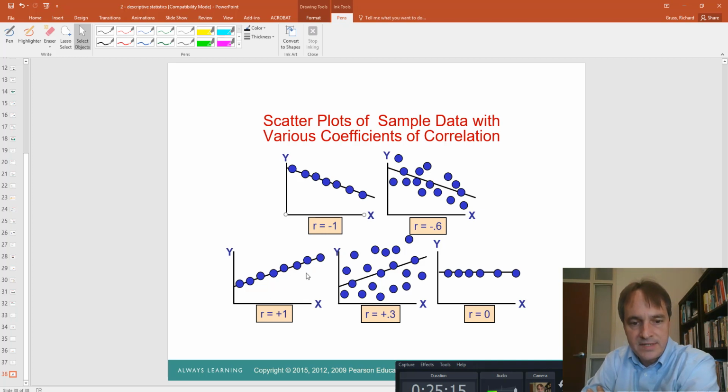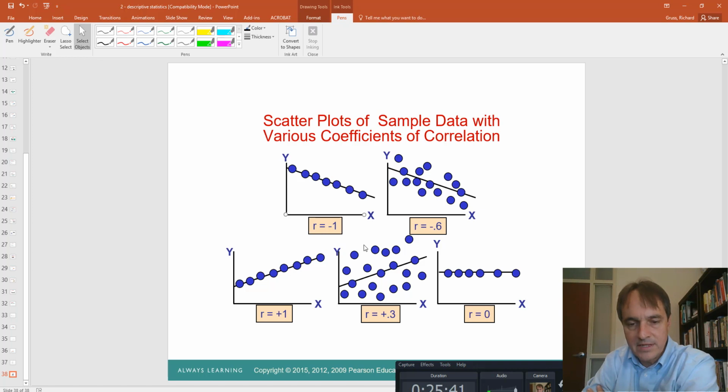Down here we see a perfect positive relationship. If I were to put your weight on the x-axis and your weight on the y-axis, that would be a perfect positive correlation. It would be +1. Here we see a correlation coefficient of +0.3. It is positive, so we have a slope up, but there are lots of points that don't fall exactly on that line.